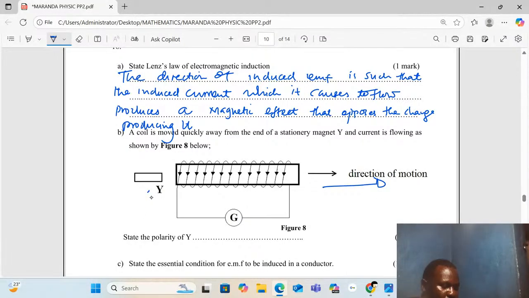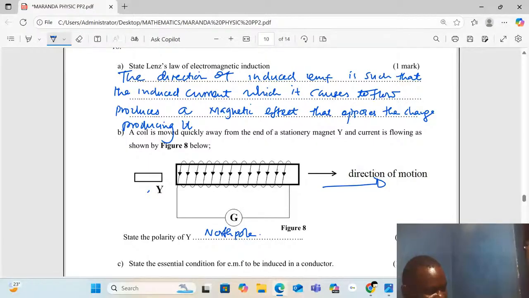This is Y. It is stationary. Now, the polarity of Y will become a north pole. Then we need to support our argument. So this one becomes our north pole.